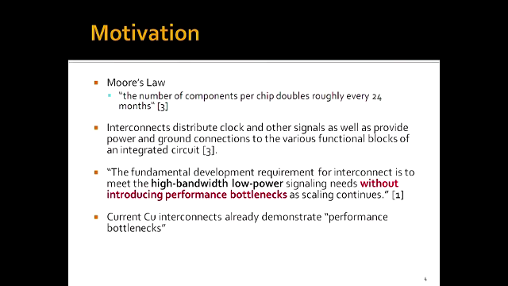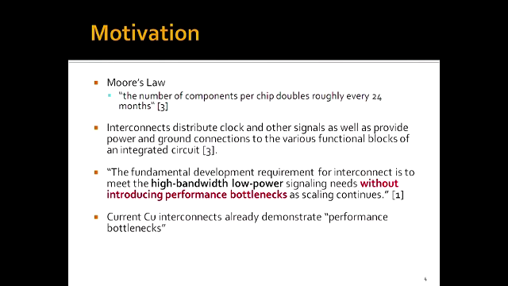And the International Technology Roadmap for Semiconductors report states that the fundamental development requirement for interconnects is to meet the high bandwidth, low power signaling needs without introducing performance bottlenecks as the scaling continues. But as the scaling continues and the feature size continues to shrink, copper interconnects are introducing performance bottlenecks.